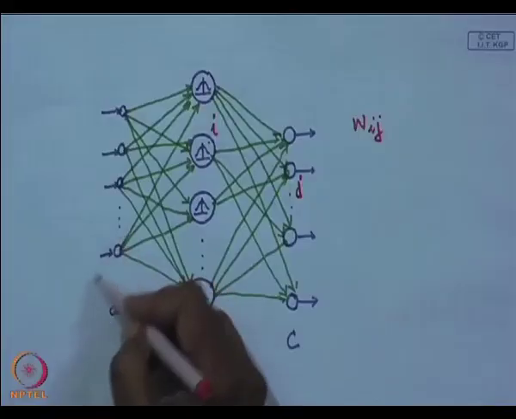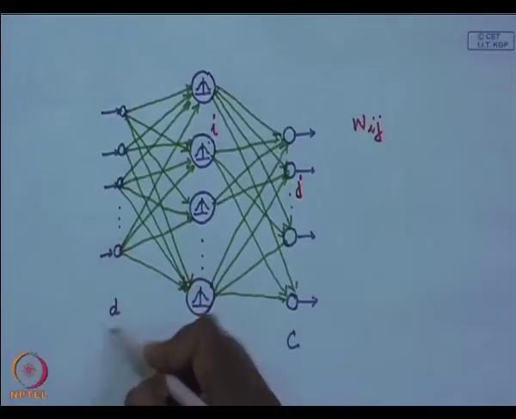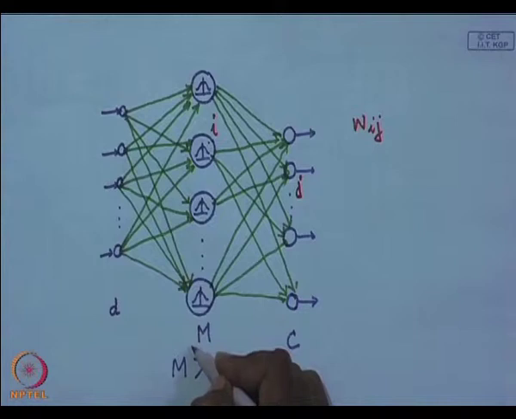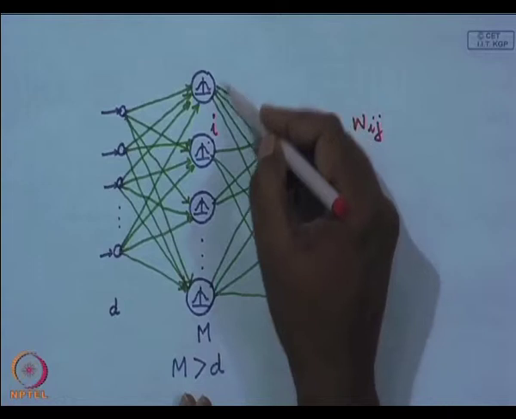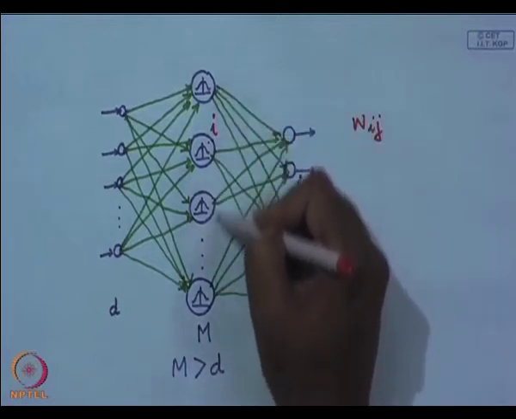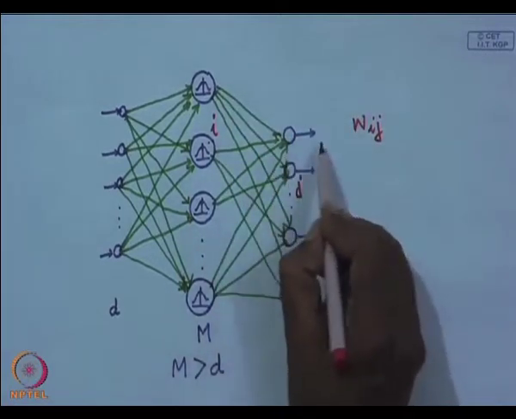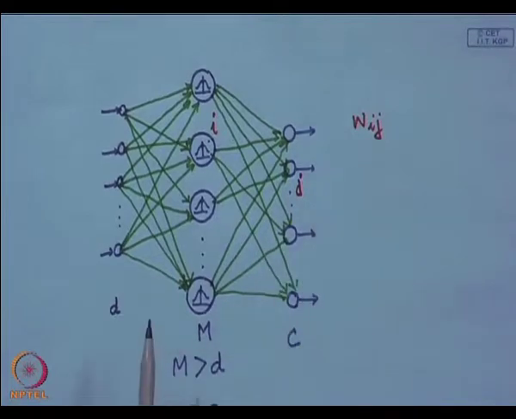So, the feature vectors in the d-dimensional space which are not linearly separable, when I cast them into an m-dimensional space where m is greater than d, it is more likely that those feature vectors will be linearly separable in the m-dimensional space. And once the feature vectors are linearly separable in the m-dimensional space, the linear combination of the outputs of the hidden layer is likely to give me the class belongingness.